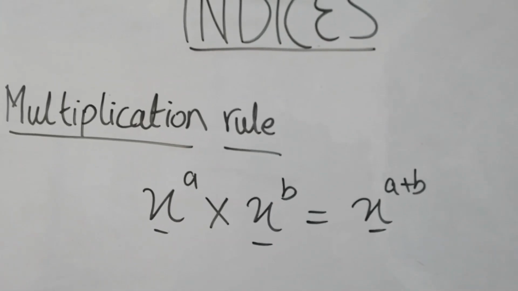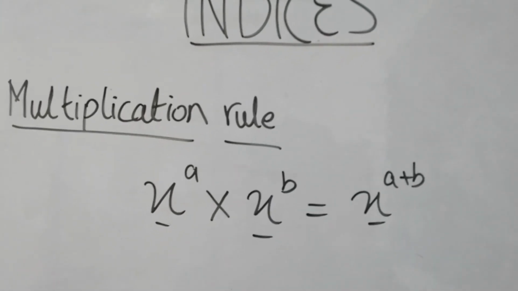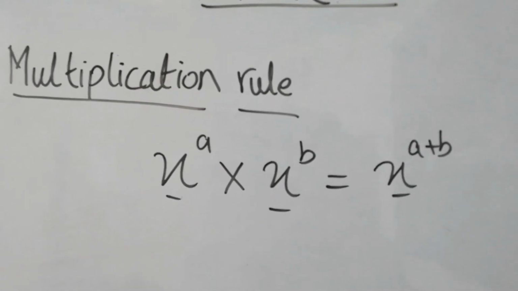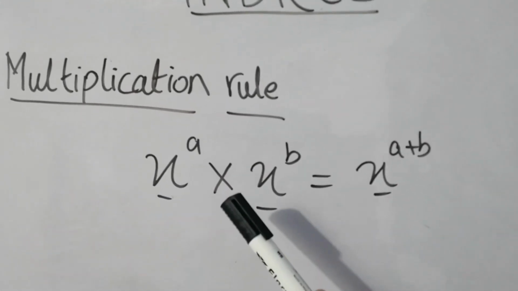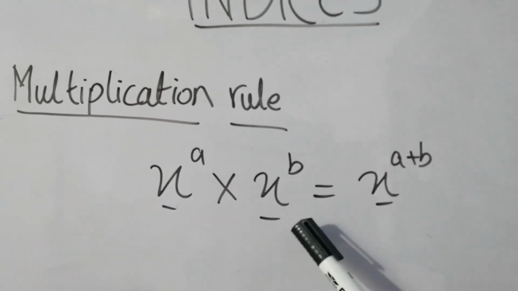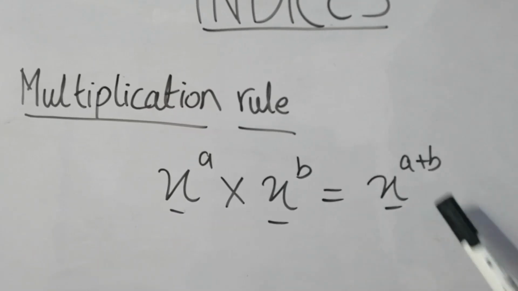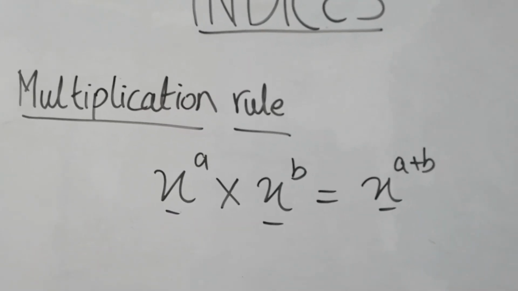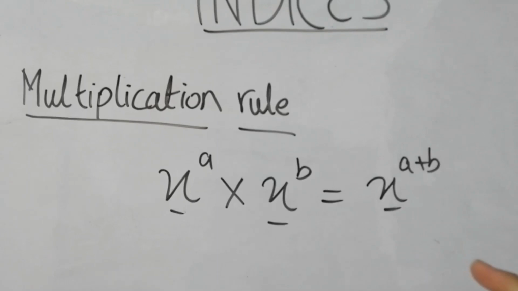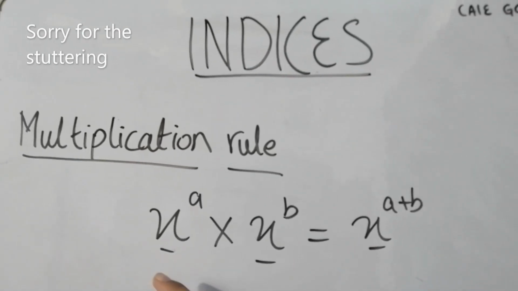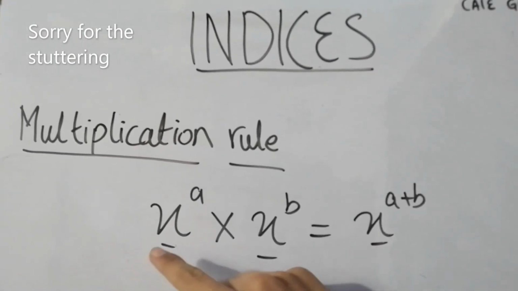So the first rule that we're going to be discussing is the multiplication rule. This rule states that if x power a is multiplied by x power b, this becomes x power a plus b. There's something that you need to see in this rule: there's a constant.